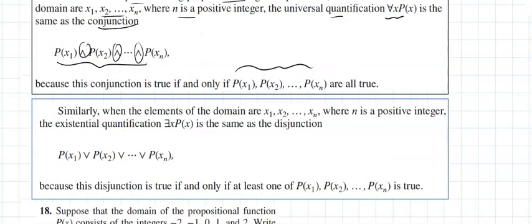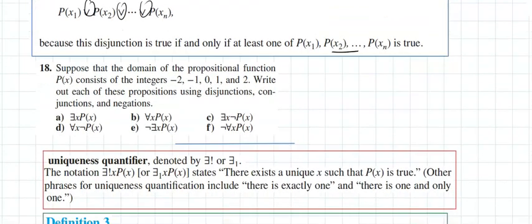It's an and. Similarly, for the existential quantification, there exists an x is the same as a disjunct, which is one or the other, because the disjunct is true if and only if at least one is true.